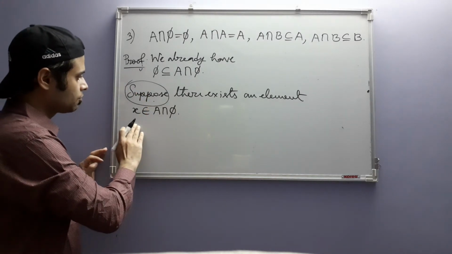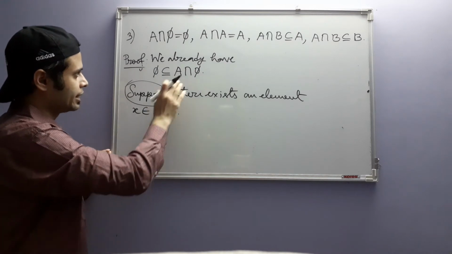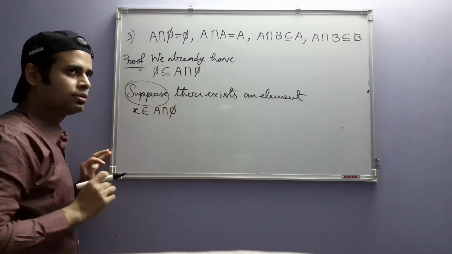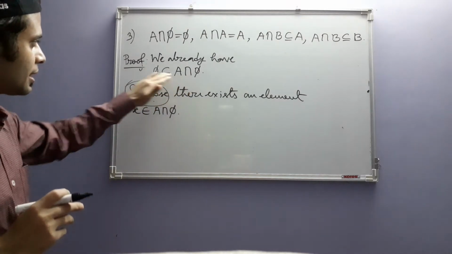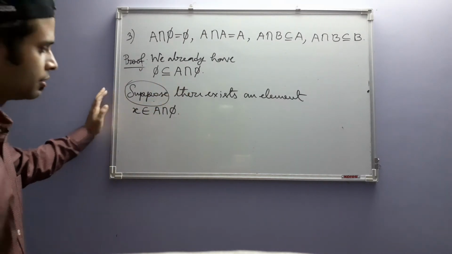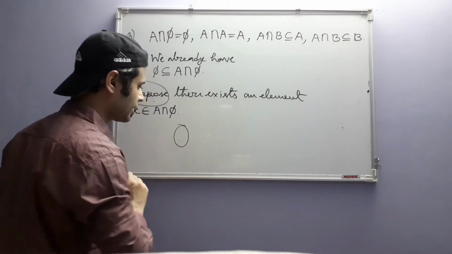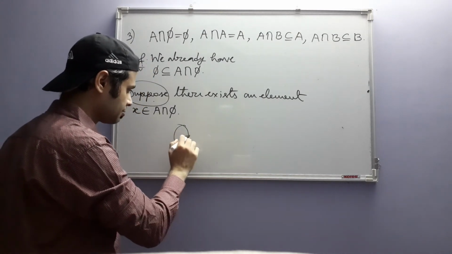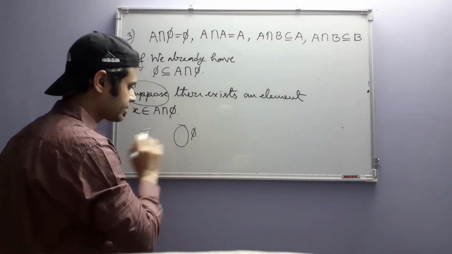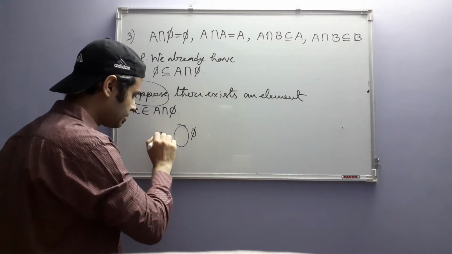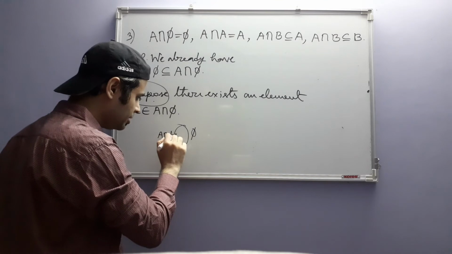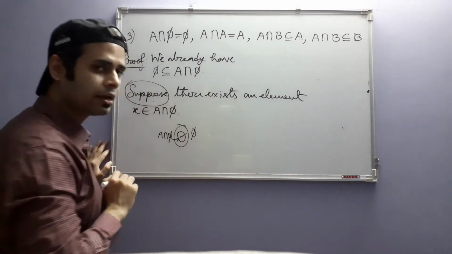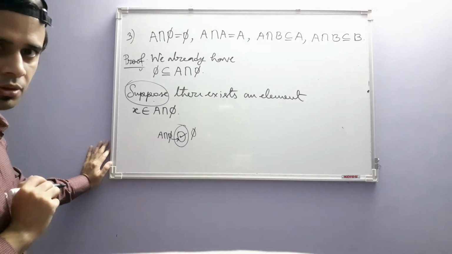Now, what I have to prove here is that this is a subset of this. Now, this is a subset of this means what? Empty set already has nothing in it. So if you have another set, suppose this is the empty set, it has nothing in it. If you want another set to be a subset in this, that set must also be empty, right?